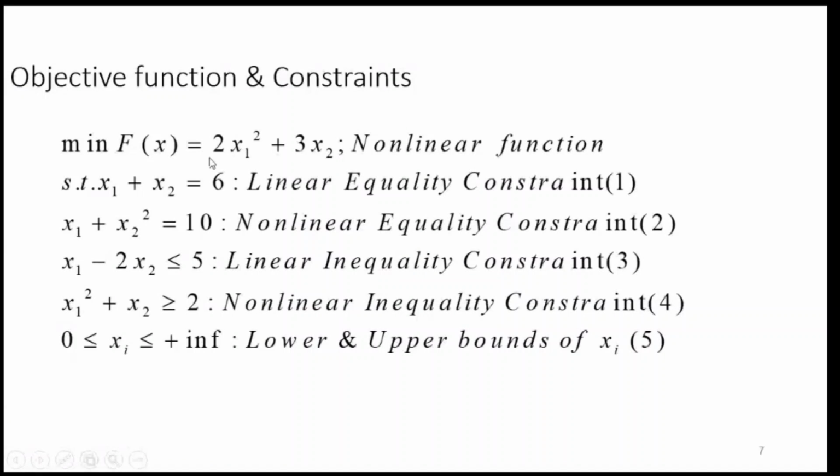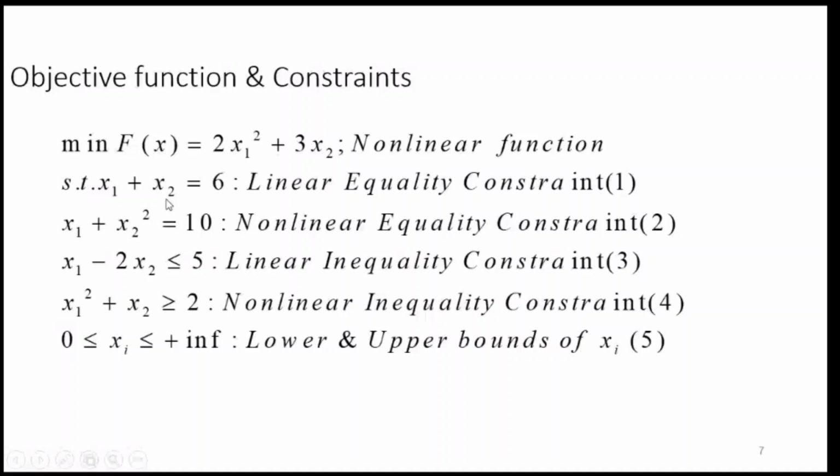Suppose the objective function is 2x1 square plus 3x2. It is a non-linear function because there is a x1 square term, so it is a non-linear curve, subject to these constraints. The constraint equation is x1 plus x2 should be equal to 6. It means your answer x should be such that if you do the addition x1 plus x2 on the LHS, then the LHS should be equal to the RHS, which is 6 in this case.